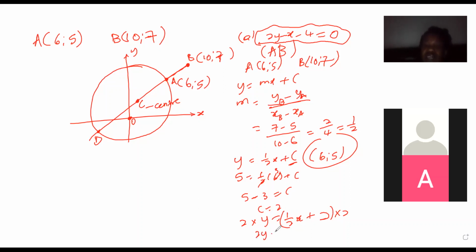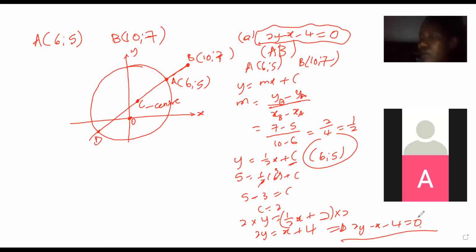So we've got 2y equals x plus 4. Therefore, 2y minus x minus 4 equals 0. Then question B: determine the coordinates of D.